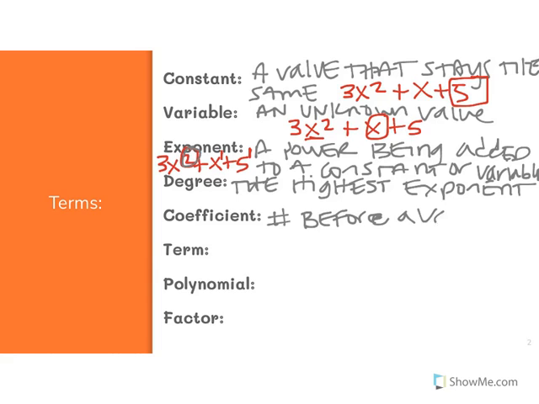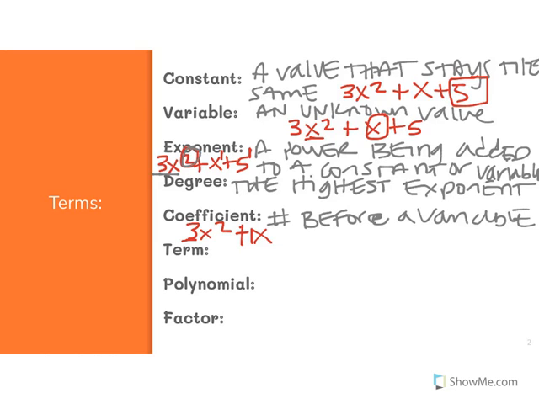So in our case, this 3 right here, the 3x squared, is our coefficient. And if we have this plus x, remember the coefficient that's also visible is a 1 in front of that one.